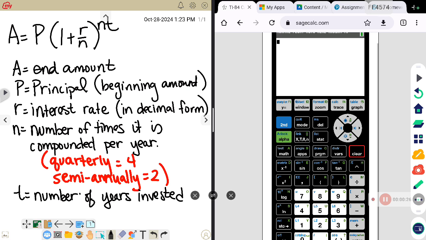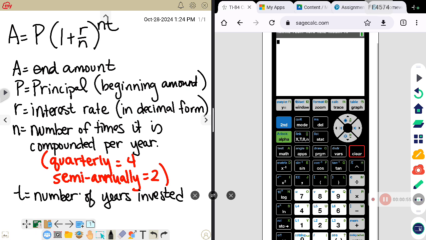The function that we are going to use is A, which is going to be your end amount, the amount of money you have after a certain number of years, equals P, which is your principal, the amount that you're starting with, times open parentheses, 1 plus R over N. R is going to be the interest rate, and we're going to put that in decimal form.